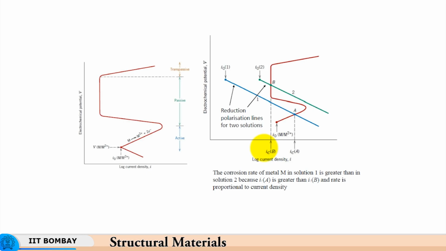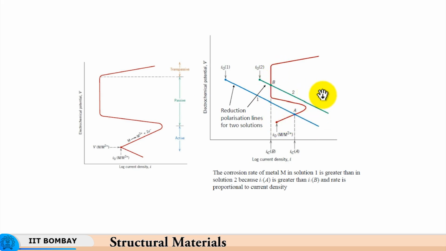corrosion resistance. On the other hand, if let us say one electrolyte is here, and now there is a change in the nature of electrolyte, or a change in the corrosive environment, then you have a new corrosive environment which is something like this. The passive surface, now here the surface would behave passive because the current density is so small, and this polarization line intersects in the passive region of the metallic surface.